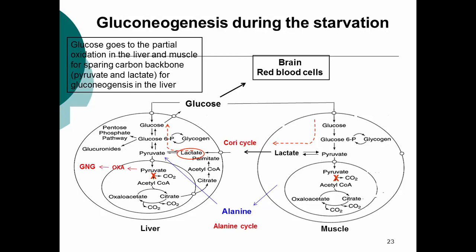And the brain is able to utilize other energy fuels like ketone bodies, but glucose is its primary fuel. So our body tries to make glucose primarily to supply the brain for energy production.